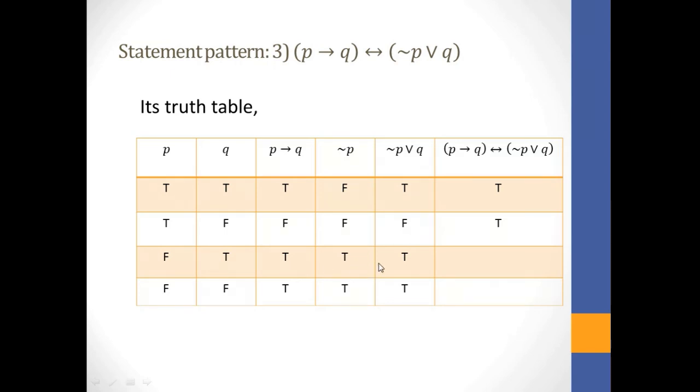Then T double implies T is again T, and again T double implies T is also T. So the last column contains the values T, T, T, T, four times T for this statement pattern. So the truth table for the statement pattern is completed.